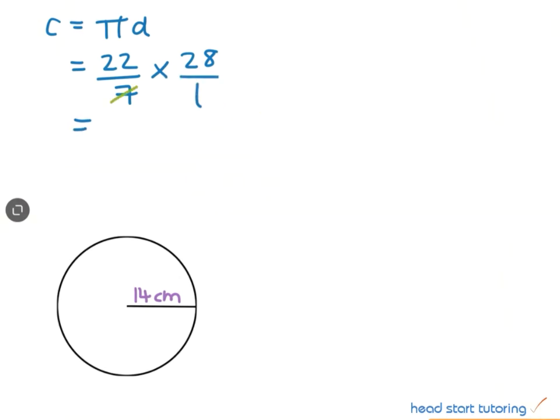So 7 fits into itself once, and 7 fits into 28 4 times, and what we end up with is 22 multiplied by 4, which is equal to 88 centimeters.